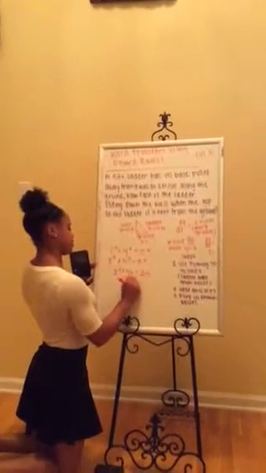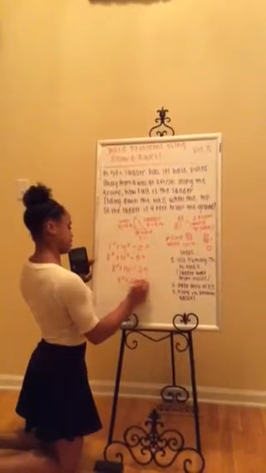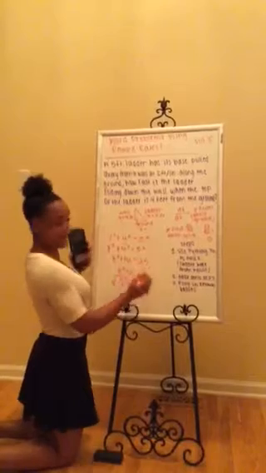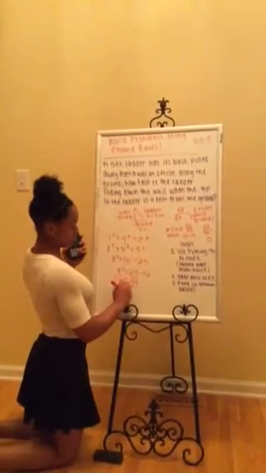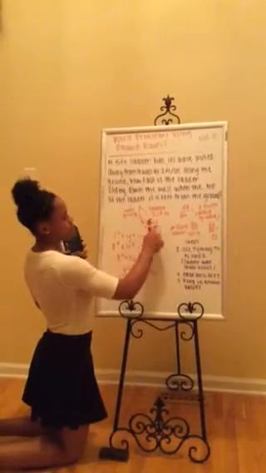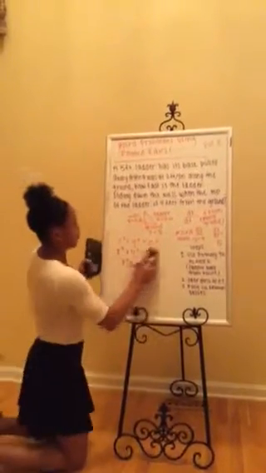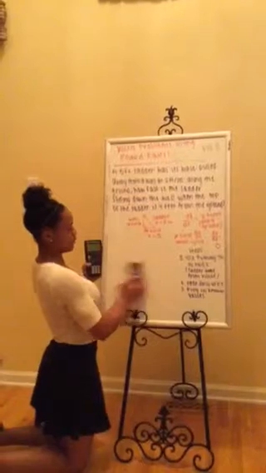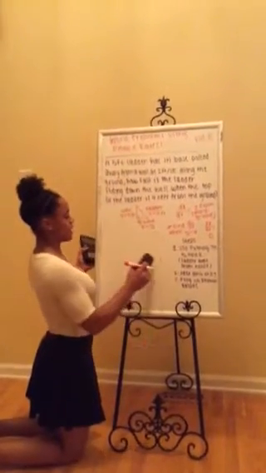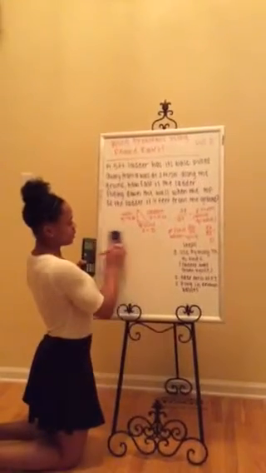X squared equals 25 minus 16. X squared equals 9. Take the square root of both sides, and x equals 3. So that is our answer to the x value in this problem. And we're going to go ahead and write that up there for our x value. We used the Pythagorean theorem to find x, which is the ladder base from the house.